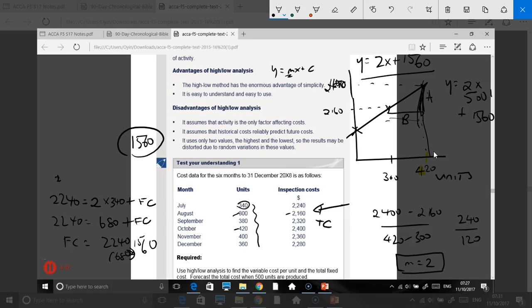So that's 1,000, plus this 1560, I will get 2560. So my total costs at 500 units, which is what they're asking for, is 2,560.